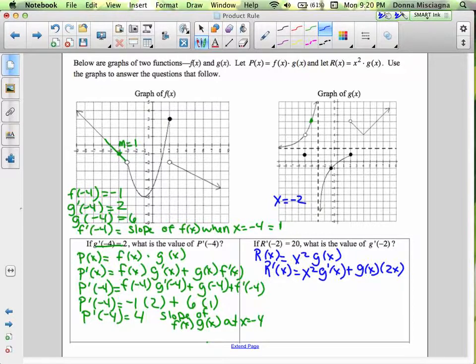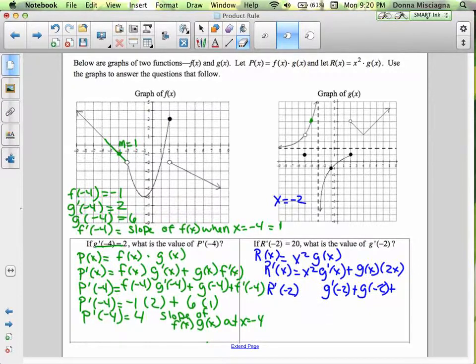Well, x is -2, but I forgot to change that to -2. So we remembered what we were looking for. So x squared times g prime of -2 plus g of -2 times, and then I suppose actually I could just replace the x at this point with a -2.